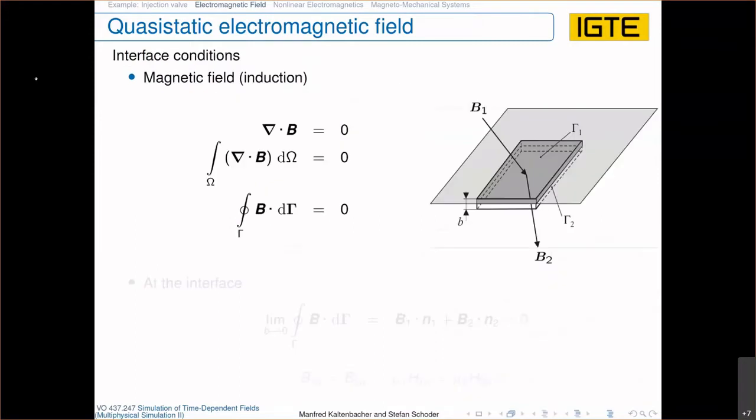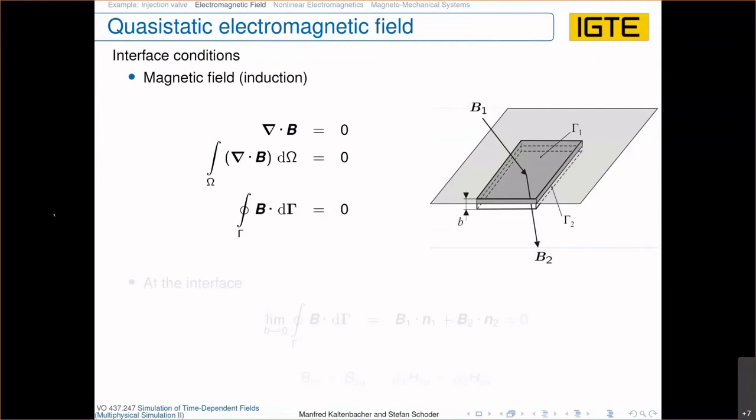What is also a very important part within the modeling and numerical simulation of electromagnetic fields is to know about the interface conditions, sometimes also called transition conditions, which means how the magnetic field behaves when it comes from a material with one set of material parameters into a different one, in subdomains 1 and 2.